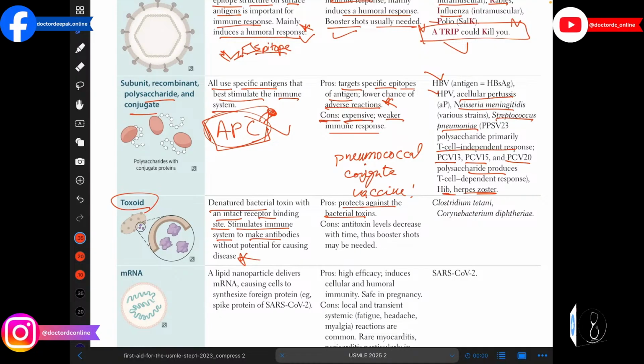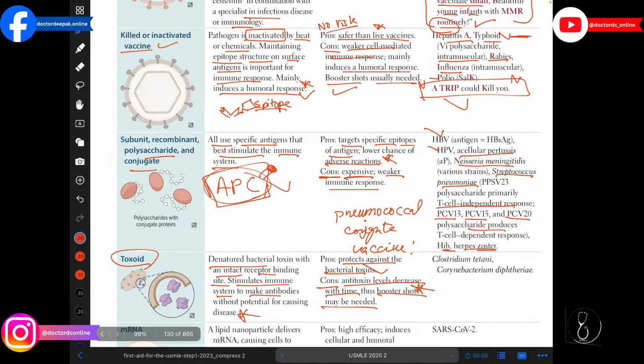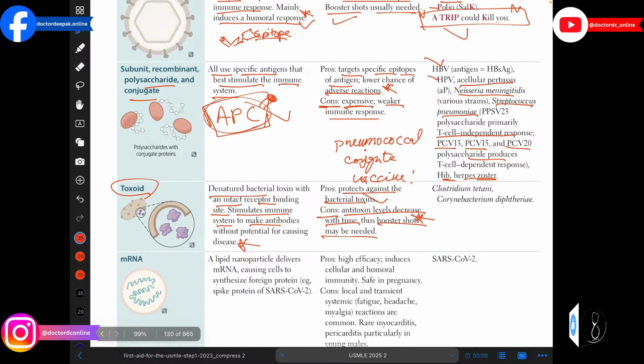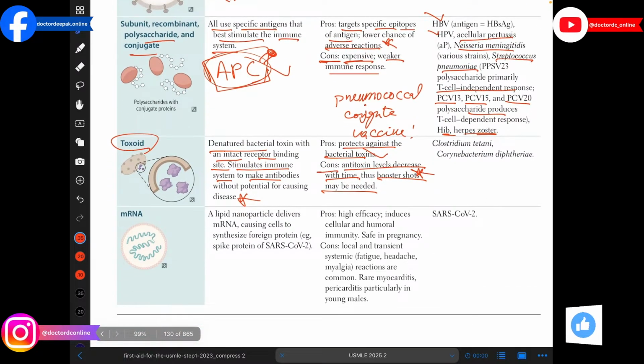They protect against the bacterial toxins. They have different toxins, endotoxins and etc. Their antitoxin level decreases with time, so a booster dose is needed. In toxoid, we need a booster dose, like we give in killed or inactivated vaccines. Toxoids are used for Clostridium tetani and Corynebacterium diphtheriae.